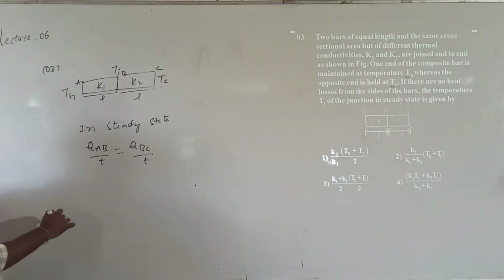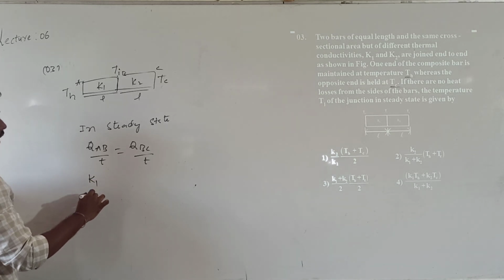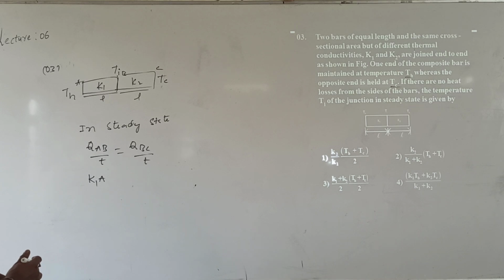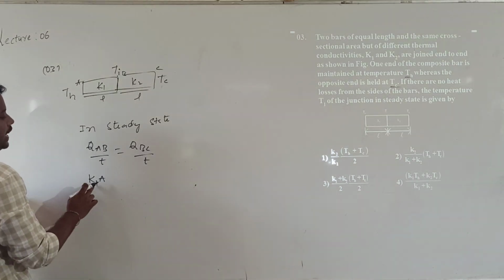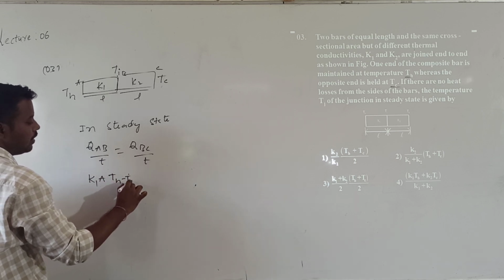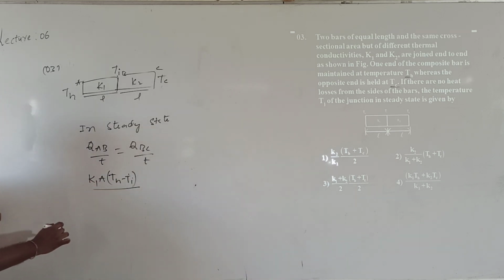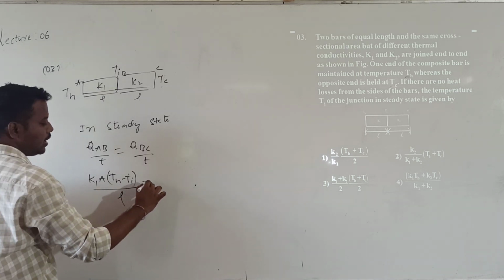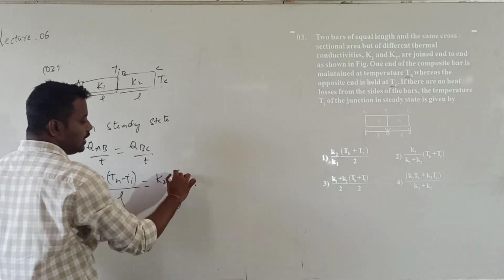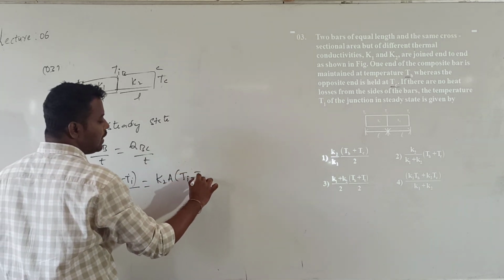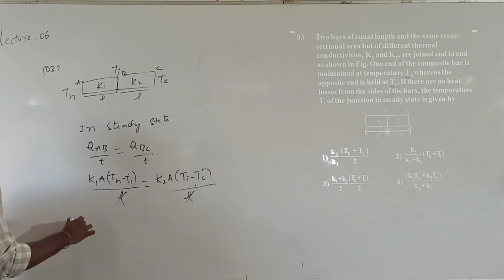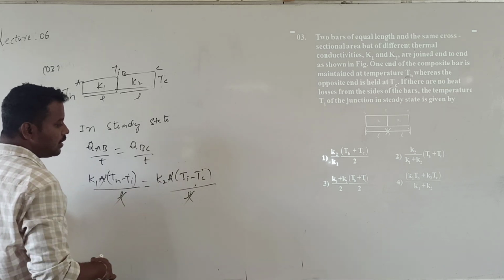So Q_AB is given by K1, the area of cross section is the same, same cross-sectional areas and same length, K1 into A into (TH minus Ti) divided by L, is equal to K2 into A into (Ti minus Tc) divided by L. So L cancels, A cancels.